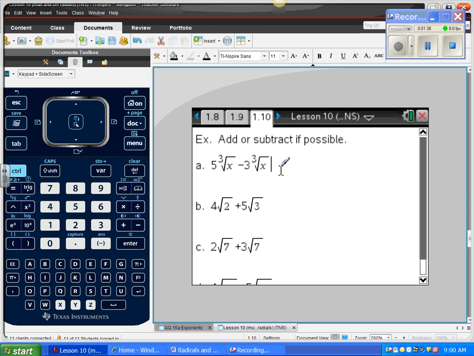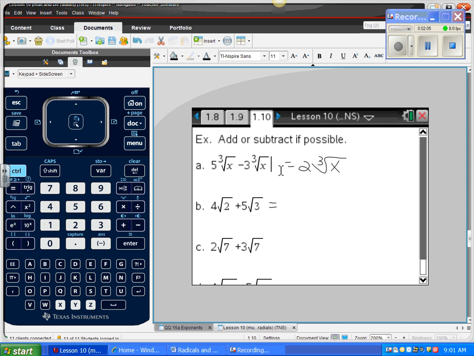Awesome. 2 cube roots of x. So did I change the radicand? No. Did I change the index? No. What did I do? I subtracted the coefficients, right? Okay. So that's all I do for adding and subtracting. I just subtract those coefficients.